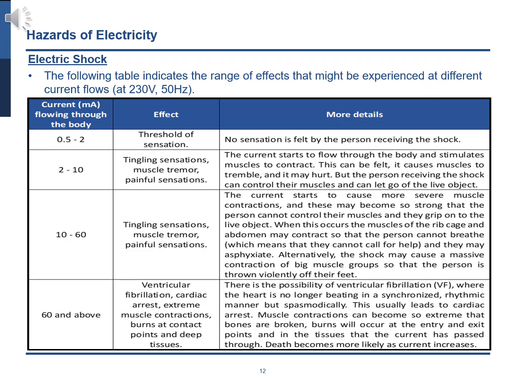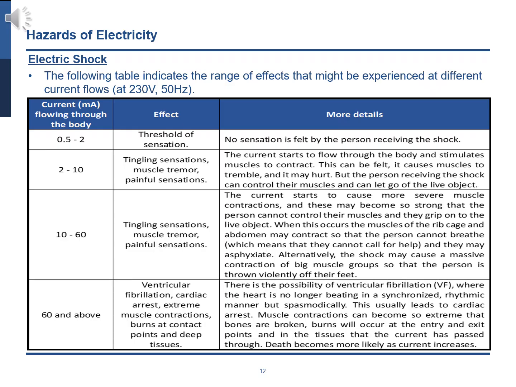2 to 10 mA: in this range, the current can cause a painful shock and muscle contractions. You might still be able to let go of the source of the current, but it can be quite uncomfortable. This is sometimes called the let-go threshold. 10 to 60 mA: currents in this range can cause severe pain, muscle contractions, and difficulty breathing.